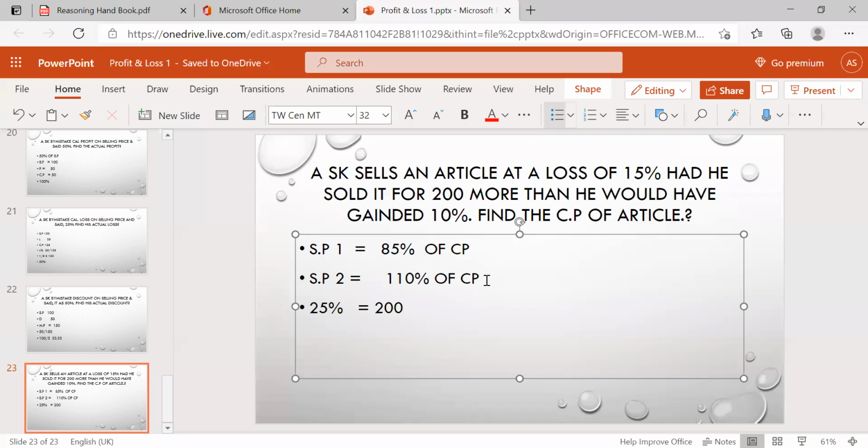So now we know that 25% is 200, then what will 100% be? 200 by 25 is nothing but 8. 8 into 100 is 800. Is it clear? So 800 rupees is the cost price.